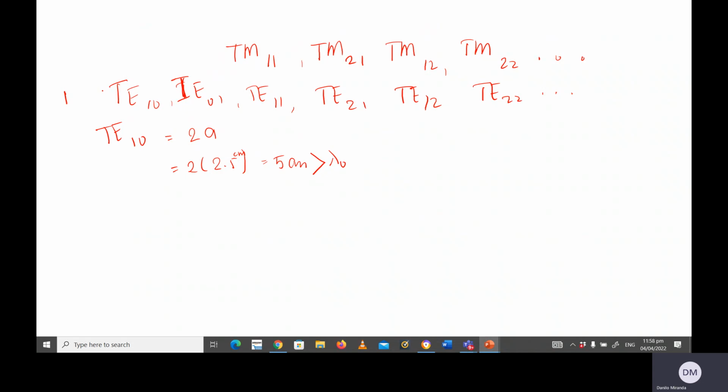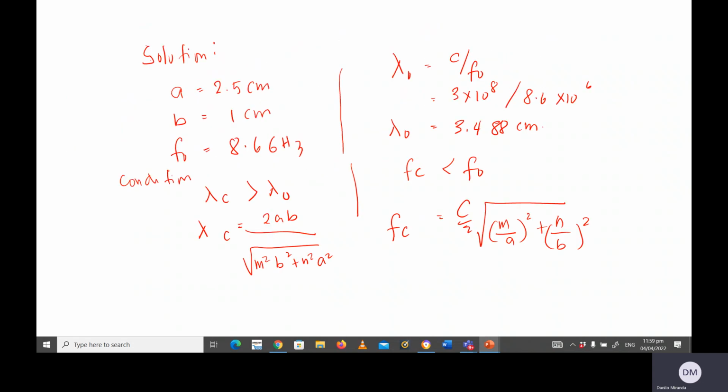ito yung cut-off pala, no? So the cut-off wavelength in TE10 is 5 centimeter, which is greater than lambda ating ano natin, that if this is your cutoff, the cutoff is greater than, ayan, so feasible.